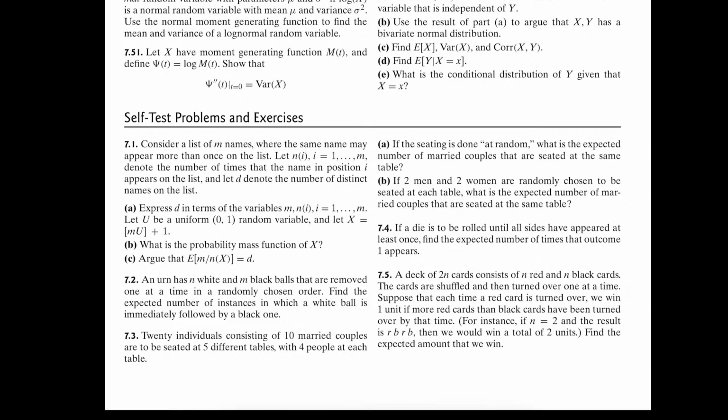We don't know that it's either 0 or 1. If a 1 appears, then it's a 1, otherwise it's a 0. And you keep going until all sides have appeared, so the problem is how many times do you do this. But you can look it up in the back. Both of these, 3 and 4, are in the back, and they should be the same for both the global and the American version.